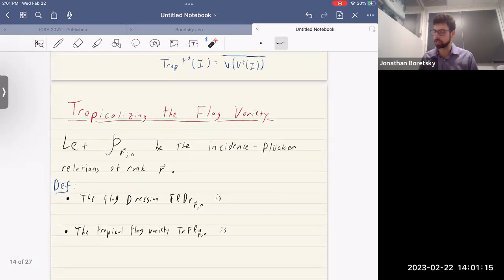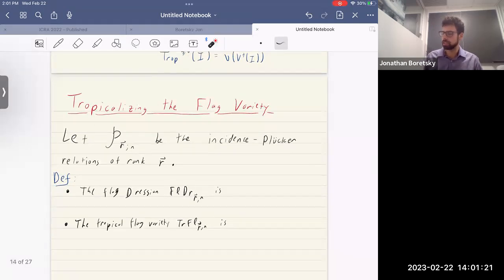Let's look at the flag variety and try to tropicalize it. So we're going to let P_{r,n} be the incidence Plücker relations of rank r. So these are the relations which generate the ideal which defines the partial flag variety of rank r. And we'll define the flag Dressian to be the tropical variety of these polynomials.